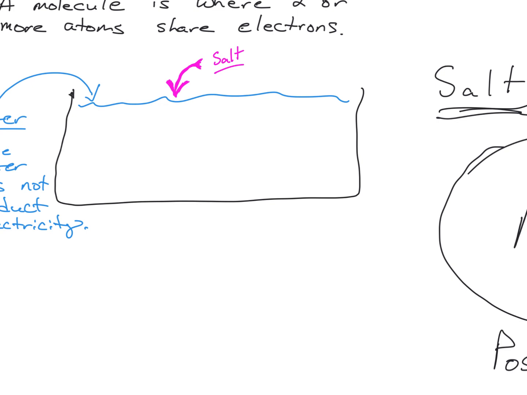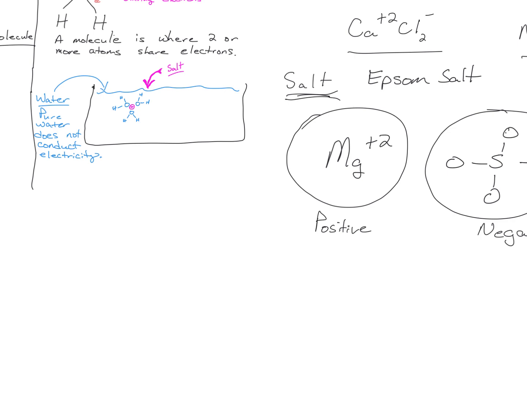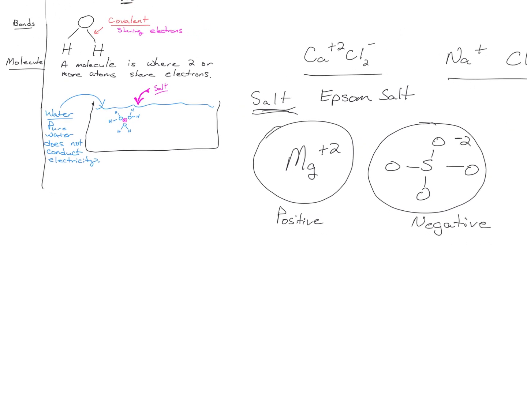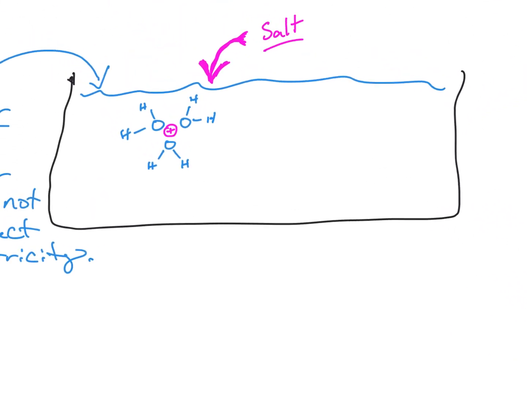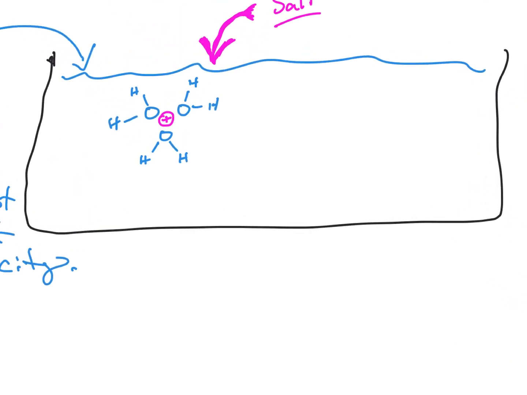What's happening is that the water molecule starts to surround one half of the salt. In this case, it would be the magnesium, but I'm just going to put a positive. Because remember we said magnesium is the positive. And sulfate is the negative. And so water will start surrounding it that way.